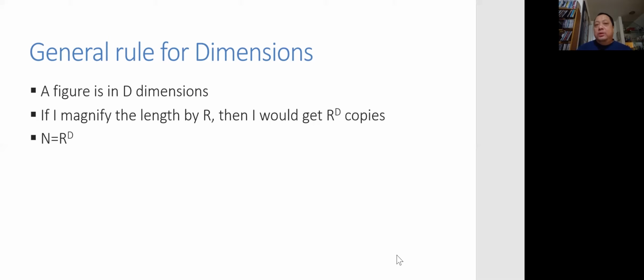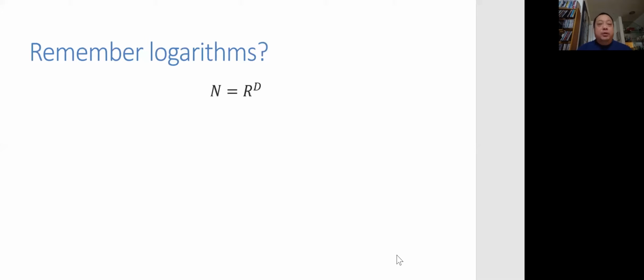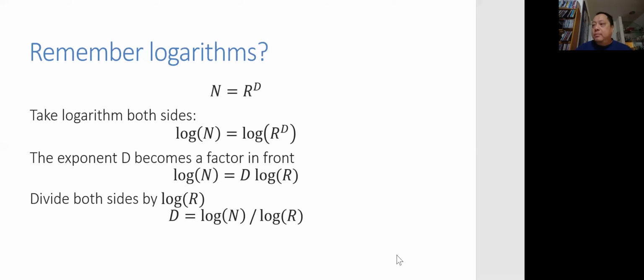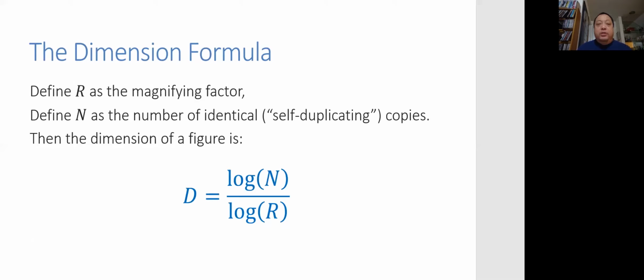I can start with the relationship n equals r to the power d, and I isolate the variable d. For that, I need logarithms. So I go through some algebra, and I end up with d equals log of n divided by log of r. So that's the dimension formula.